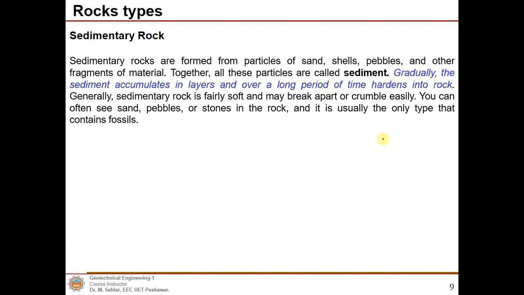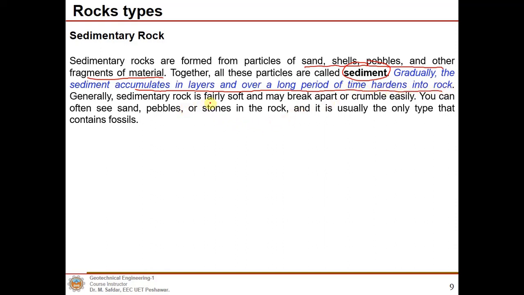Now we are going to talk about sedimentary rocks, and these are rocks formed from particles of sand, shells, pebbles, and other fragments of material. Together, all these particles are called sediment, and gradually this sediment accumulates in layers and over a long period of time hardens into rock.